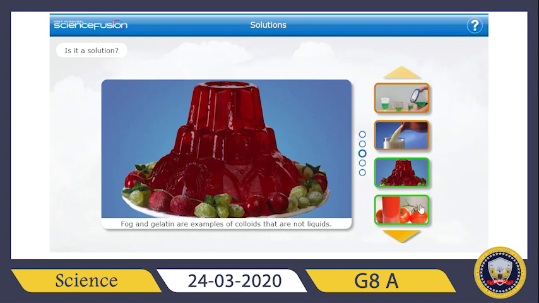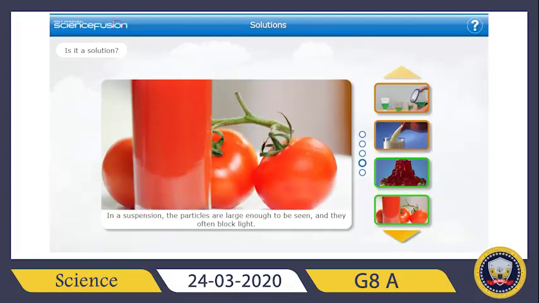What else do we have? Here we also have tomato juice. So tomato juice is neither a solution nor a colloid. It's a suspension. In a suspension, the particles are large enough to be seen, and it is not transparent most of the time, and we can see that they have larger particles inside this mixture.